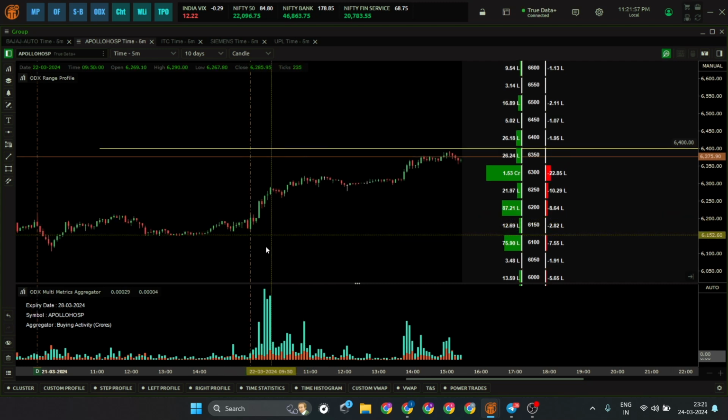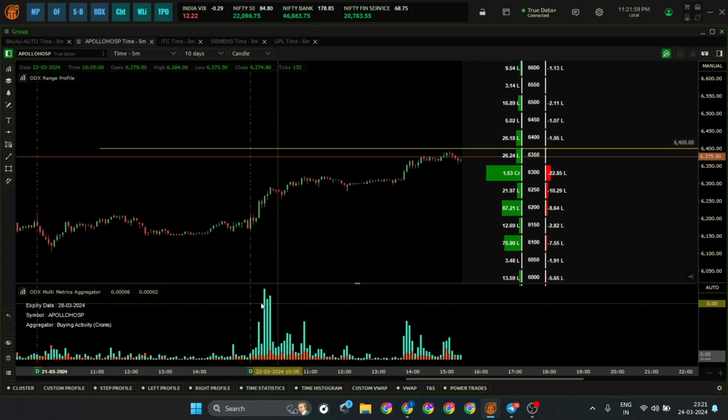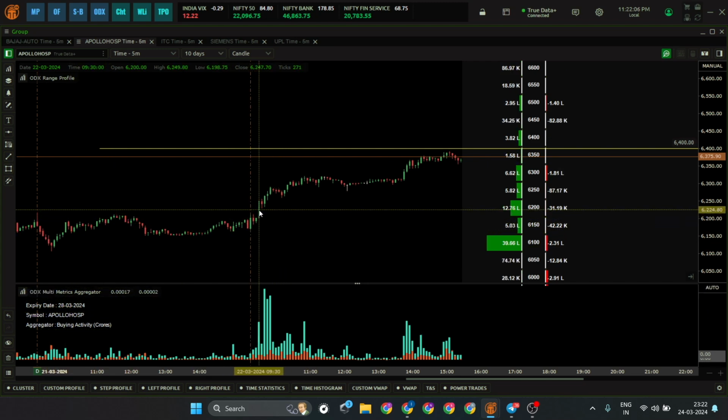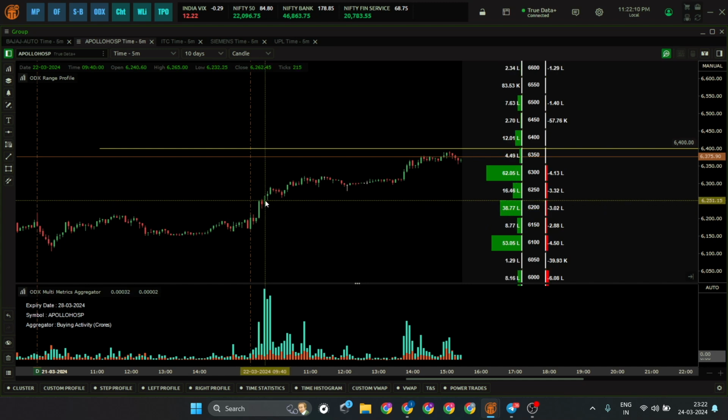Now coming to these particular candles, you can see these are the confirmations we are getting from multimetrics. On the first candle itself, I will click on this, and the next candle and the next candle, but I don't have much confirmation from the profile before this 940 candle.